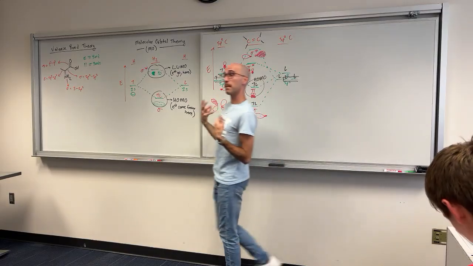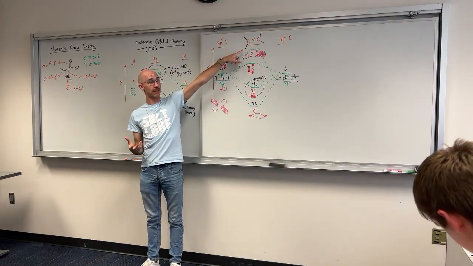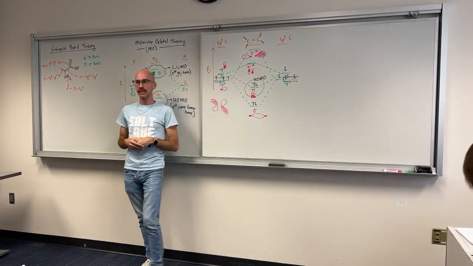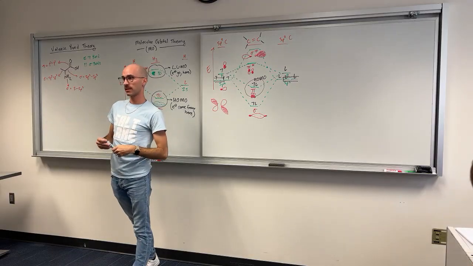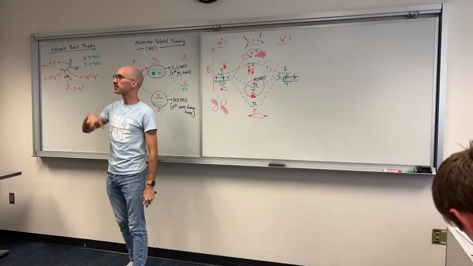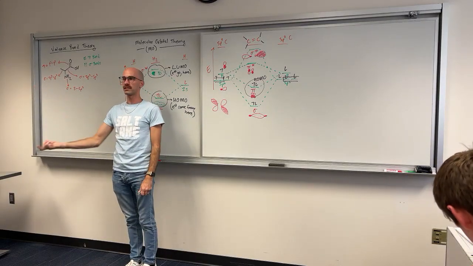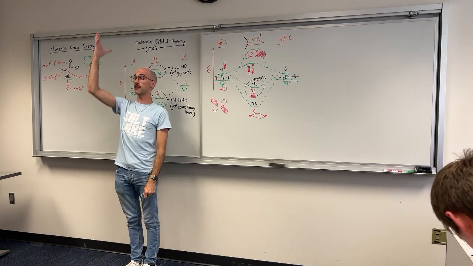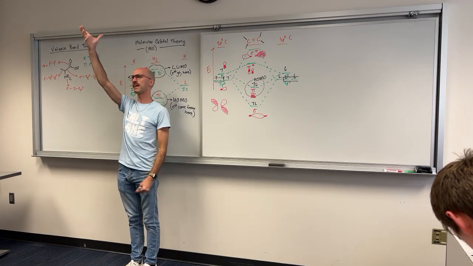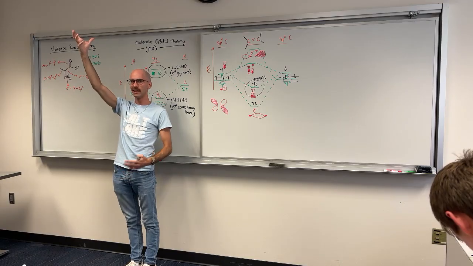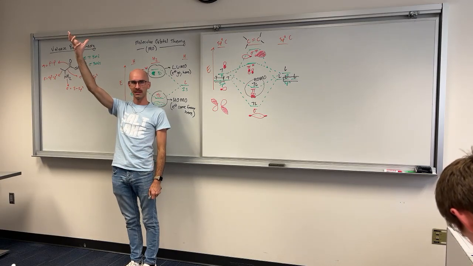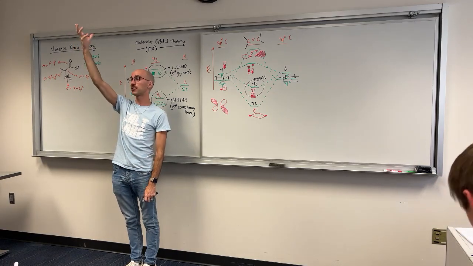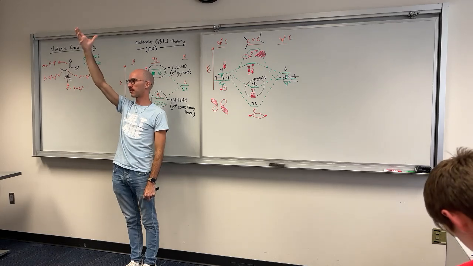So if this alkene, if this carbon-carbon pi bond is going to do something with its electrons, will it use its pi electrons or its sigma electrons? Pi electrons, because they are the highest in energy. If any electrons are seeking a lower energy home, it's the highest energy electrons, the electrons from the HOMO.